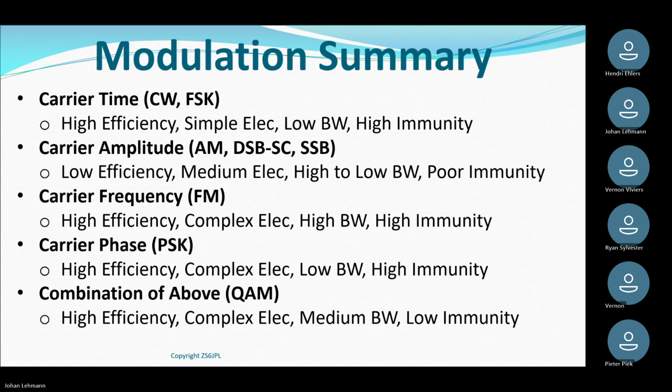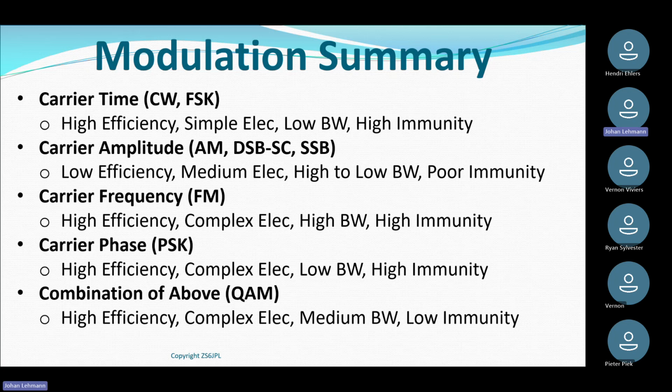Carrier amplitude, where we've got AM, double sideband suppressed carrier, and single sideband, is a very low efficiency modulation method. Electronics is medium in complexity, and the bandwidth can be high in the case of AM compared to low bandwidth in the case of SSB. And it's got a poor immunity to interference.